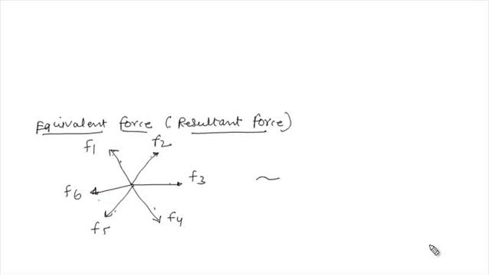So we can say that the resultant, that is R, is nothing but a single force which can replace all the forces like F1, F2, F3, F4, F5, F6 and which will produce the same effect on a body as produced by all these forces. If we have the resultant R or equivalent force R, then we can easily solve the problem and find our solutions very easily.